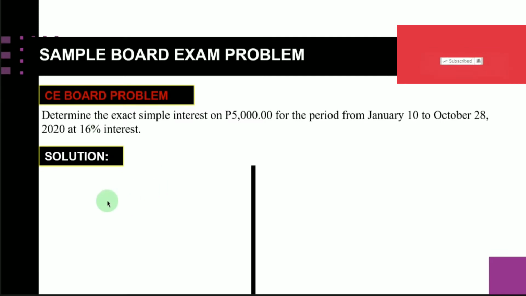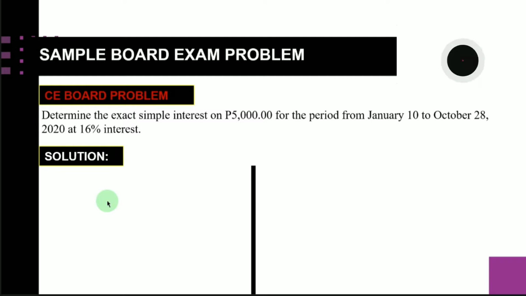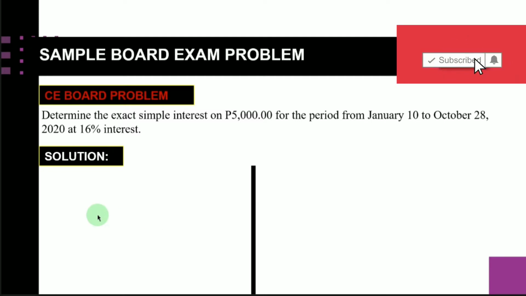Before we solve this problem, we are concerned with the time period, with the value of our n.